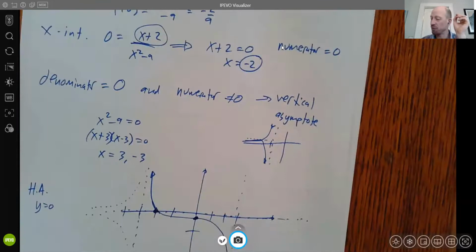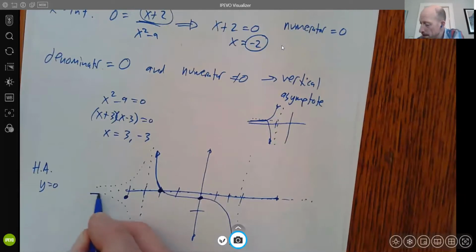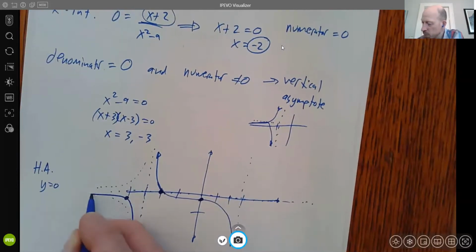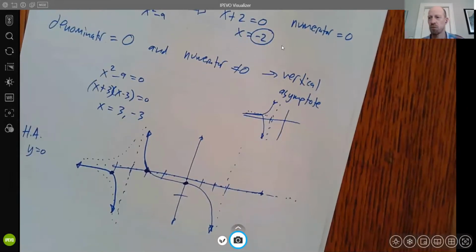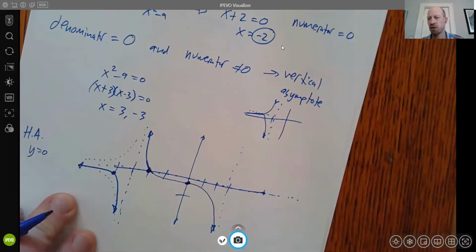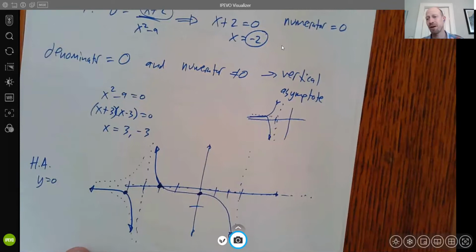So negative 2/7 is down here. And that tells me I had to have that graph. Okay, that's a perfectly good way to do this. You will be successful with all of these. That's perfectly good.